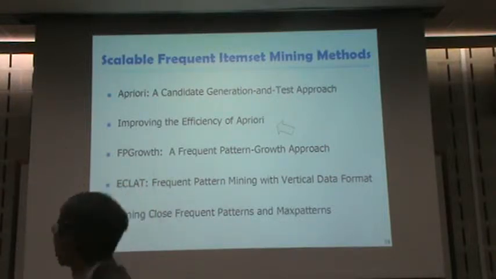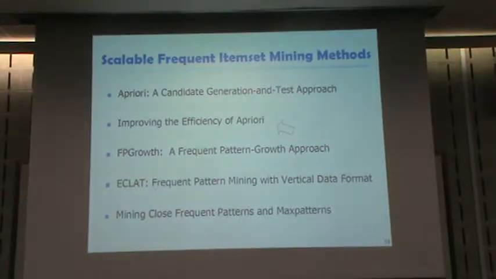Then we can increase the performance, because compared to the number of transactions, we have a smaller number of items. Walmart may have millions or billions of transactions, and how many items? Maybe less than millions, right? So it's much less. That is the idea. Then there is also mining closed frequent patterns and using the max pattern.